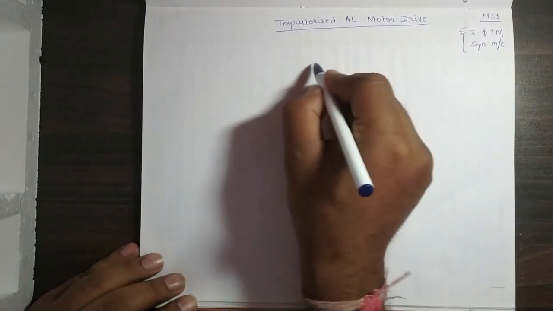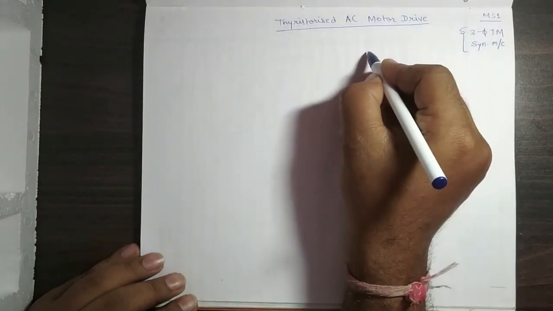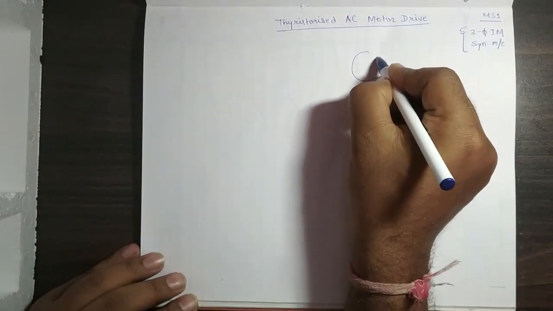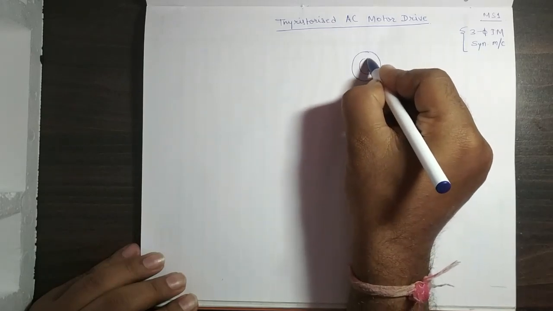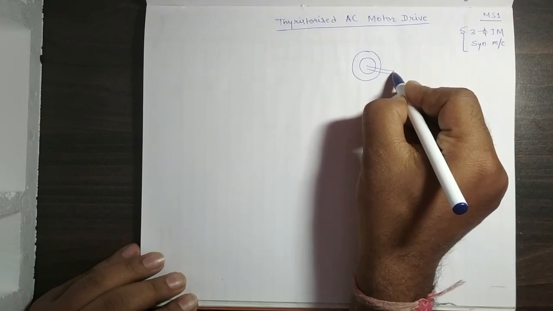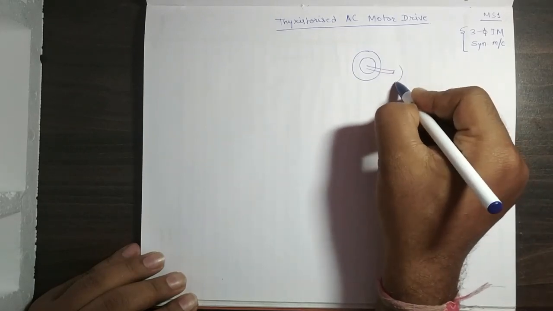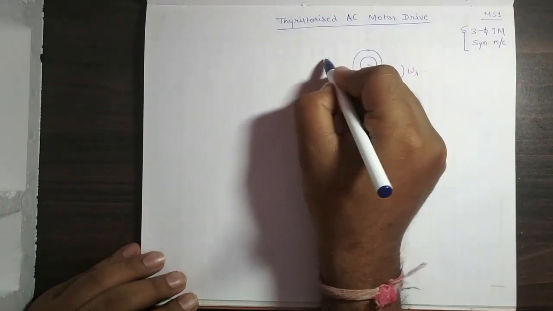Since it's an AC machine, it can be easily represented as follows. This is the stator of the induction machine, this one is the rotor, this one is the shaft, moving with the speed omega r.